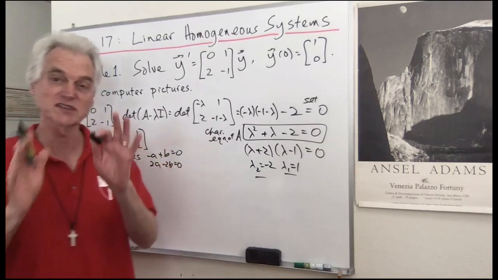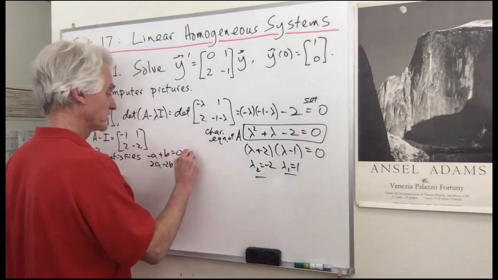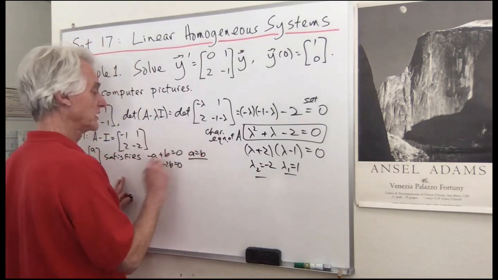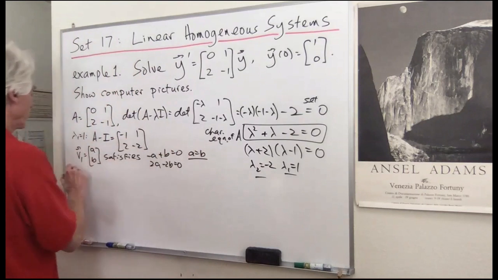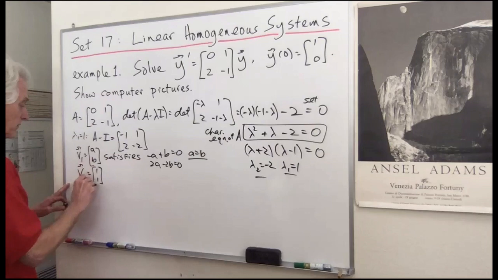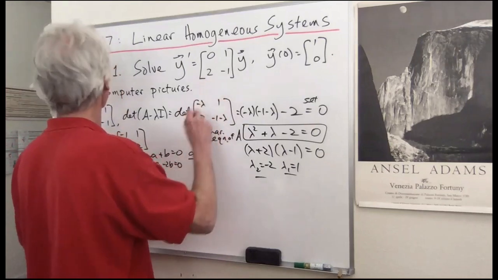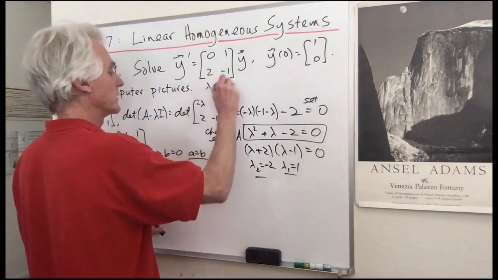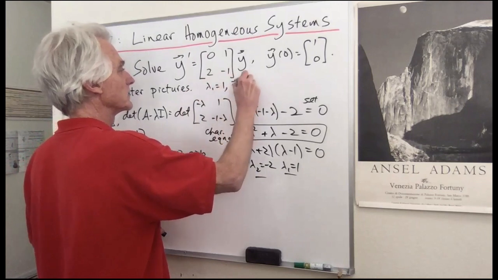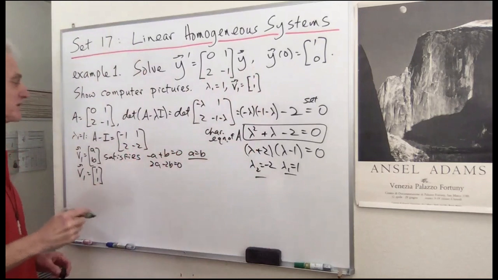As always happens, the two equations really give you one effective equation, which is just a equals b. And this one also says a equals b. So we get V1 is 1, 1. All right, maybe we should summarize this a little bit. Lambda 1 is 1. V1 is 1, 1. A lot of ones there, huh?